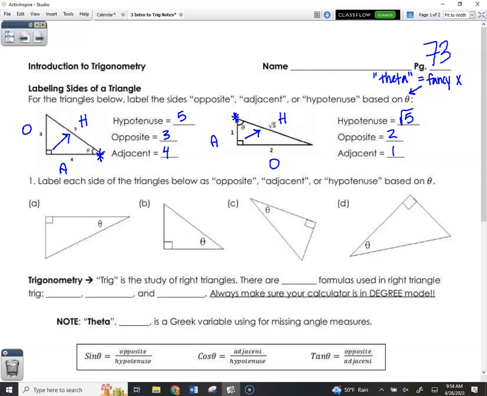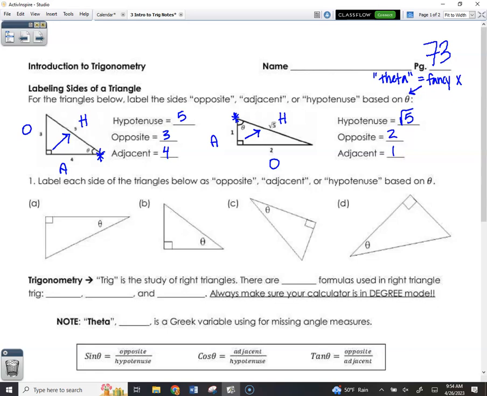You might be wondering why on earth would they use a Greek letter in math? You know, what's the purpose? Why not just use another regular alphabetical letter? Because theta, because it's a Greek letter, lets you know that it's a missing angle.